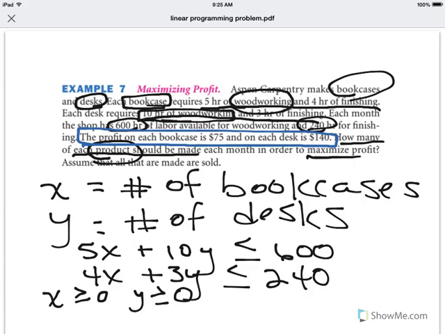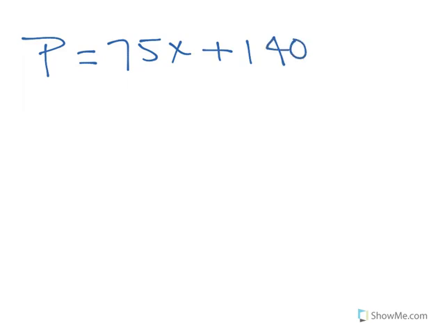It's going to have both variables in it. And it's just going to say something like the profit, the cost, something like that. So this equation we might want to write like this. P for profit is equal to 75x, because the bookcases were $75 each, and the desks were $140 each. So that would be our profit equation.